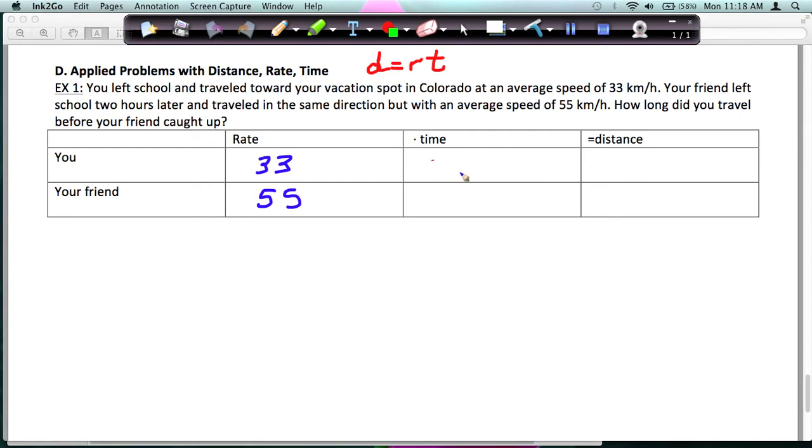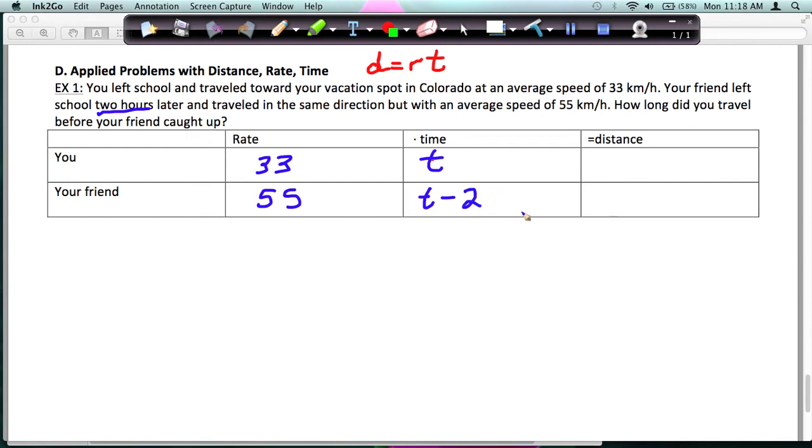But I do know something about time, and that's that my friend left 2 hours later. So if my time was t, so let's say, for example, my time was 5 hours, my friend would be 2 hours less than that because they left 2 hours later than me, so their time would be 3. So if my time's t, their time would be t minus 2.